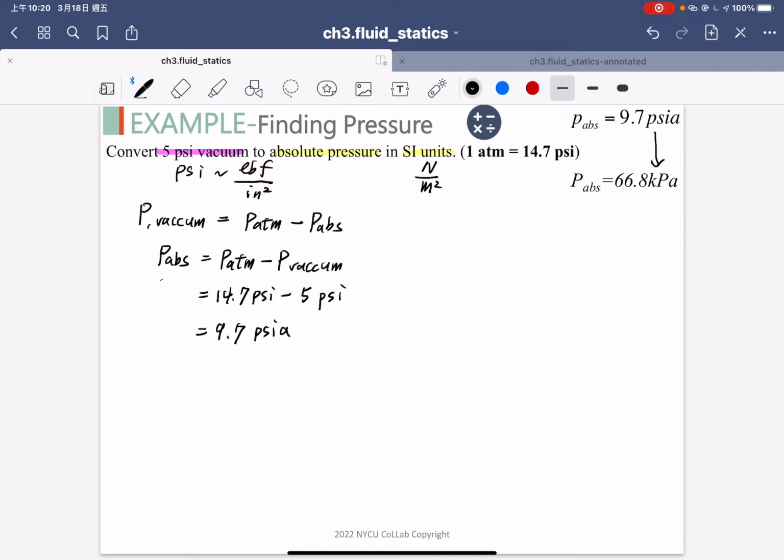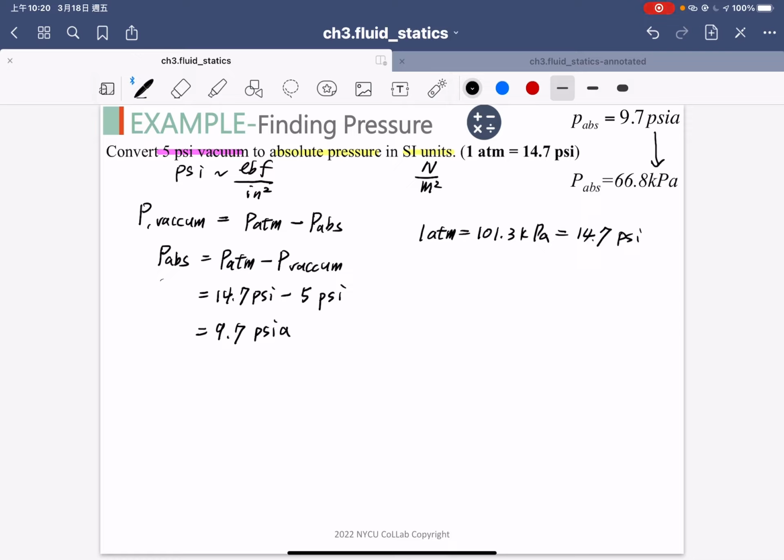So you actually know 1 ATM is equal to 101.3 kilopascal, right? And it's equal to 14.7 PSI. So you can convert by yourself.